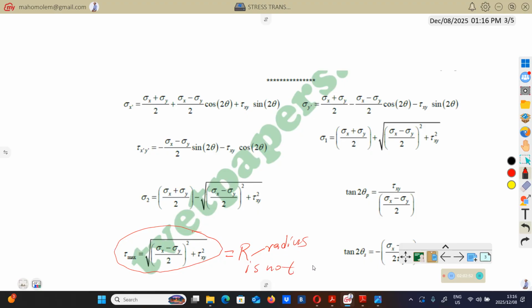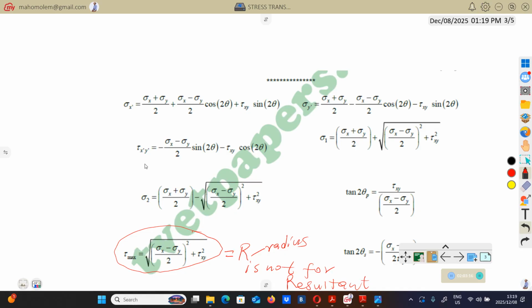It is not for resultant shear stress, so be careful with that. Don't use this to calculate the resultant stress. This one formula is for calculating the maximum shear stress, which will be equal to the radius of the circle.